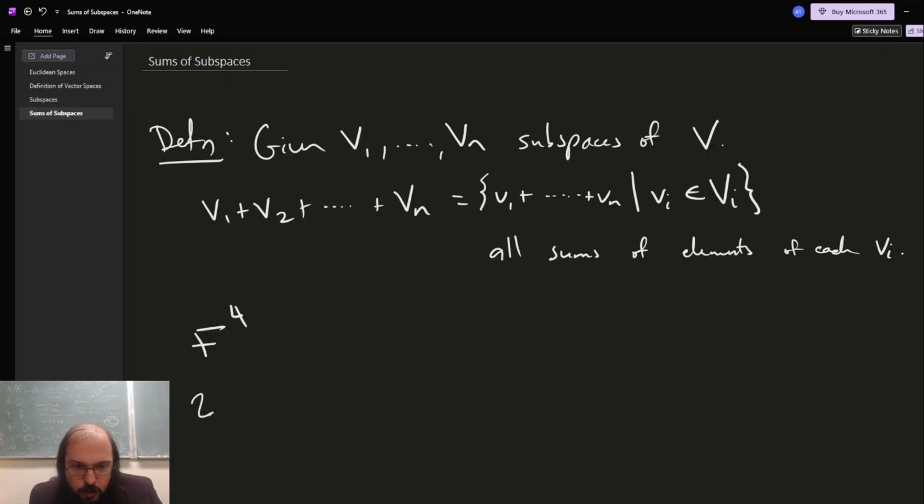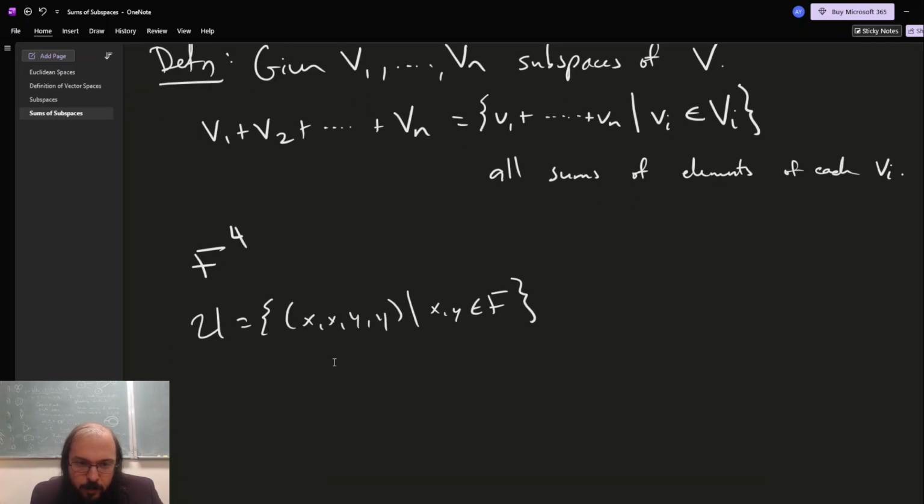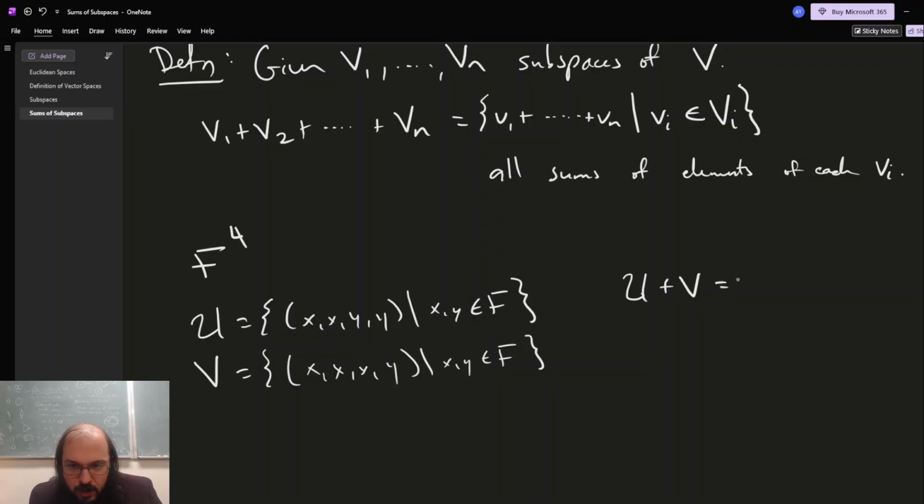Here's one subspace, U, which has elements of the form (x, x, y, y). So in other words, the first two components are equal. And then we can also have a V, which has the first three components equal. Then the question is, what is U plus V?